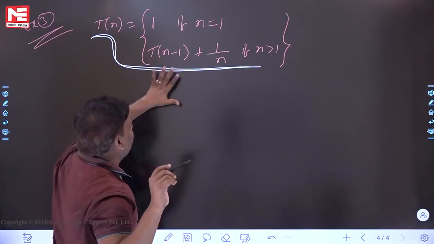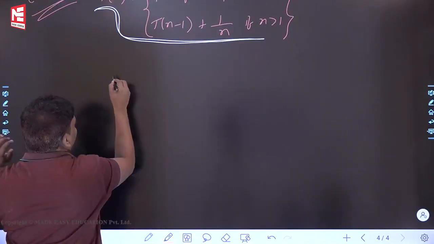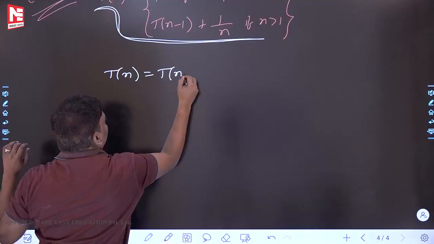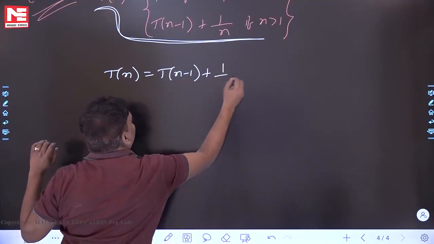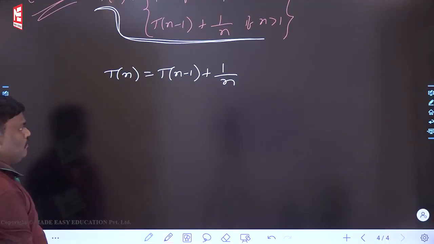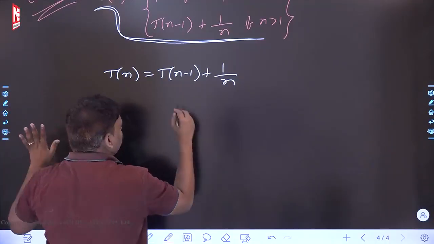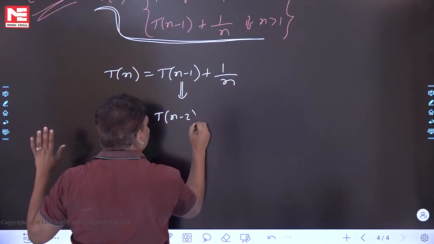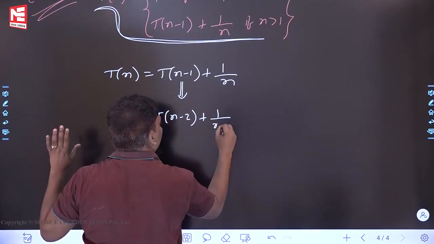If you are comfortable, let me substitute. Tn is equal to Tn minus 1 plus 1 by n. I think one time substitution is over. Let's substitute a second time. What is the answer? Tn minus 2 plus 1 by n minus 1.